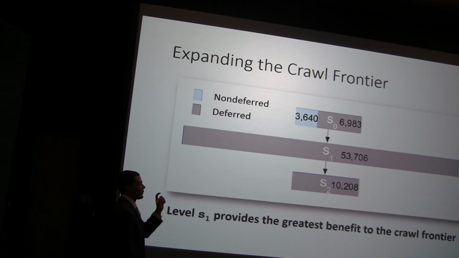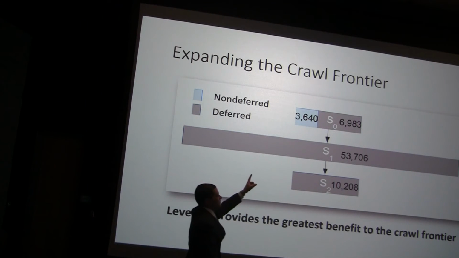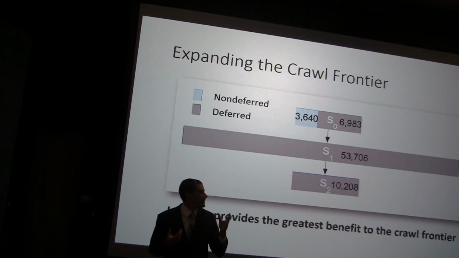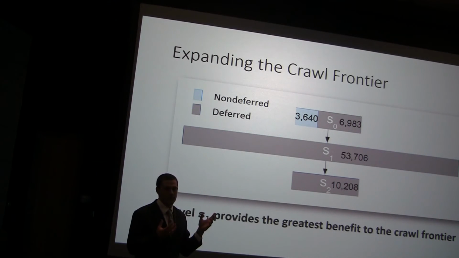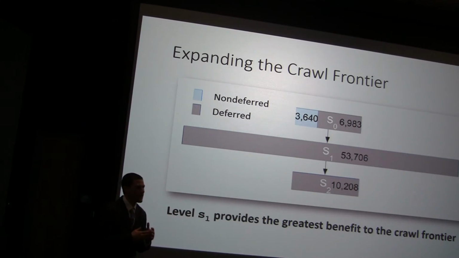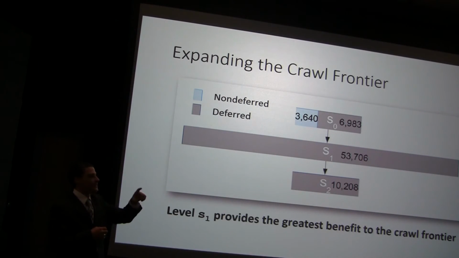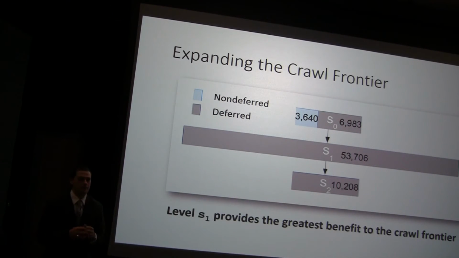I think at that first level, it was something like a 40% reduction or a 25% reduction or something like that. I wrote it down, but it's in the dissertation: there was a significant reduction in the frontier size when we implemented that trim policy.